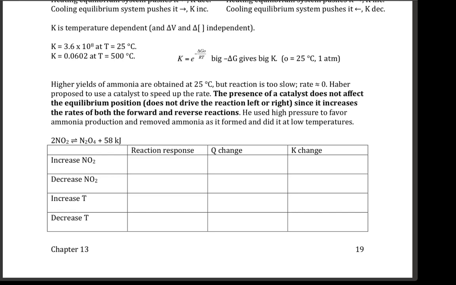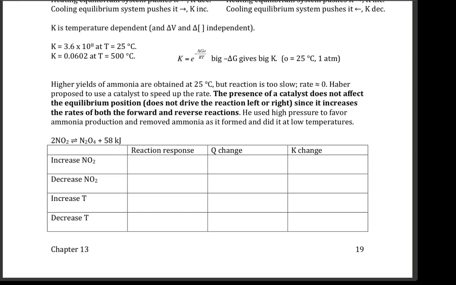So increasing NO2, decreasing NO2, that will have no change in the value of K. But it is temperature dependent, so increasing or decreasing T will change the value of K. Since this reaction is exothermic, increasing T causes it to go toward reactant, and that will decrease the numerical value of K. Decreasing T will cause it to go toward product, and that is to increase the value of K. Whenever it goes more toward product by a temperature change, it means the value of K has gone up.